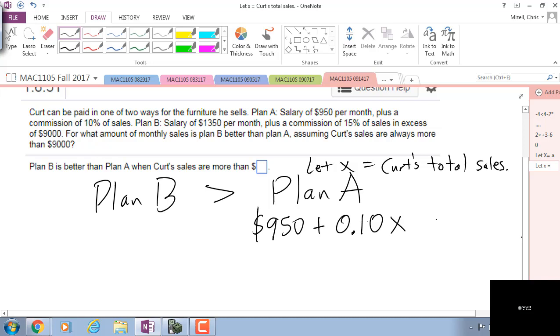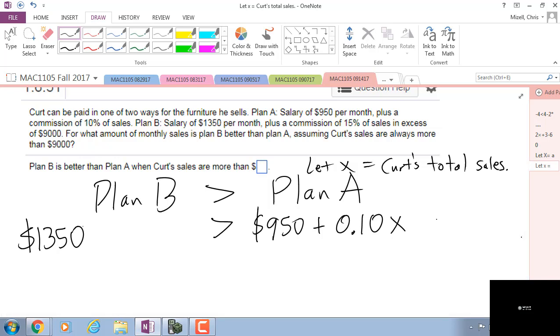The other one, that sales in excess of $9,000, that aspect of it I think is going to complicate this a little bit. So Plan B, $1,350 a month plus, if it were simply 15% of sales, this would be way better no matter what he sells, but we're only going to base that on sales in excess of $9,000.